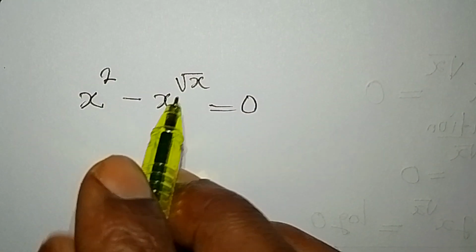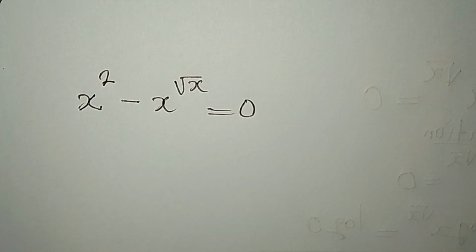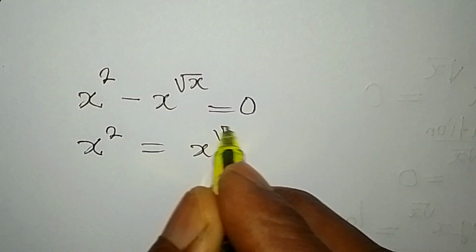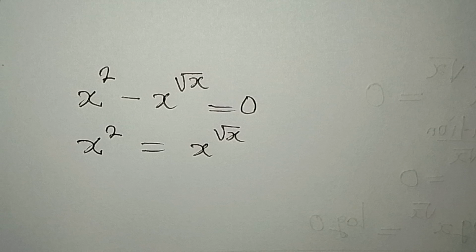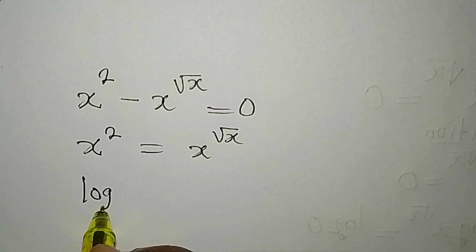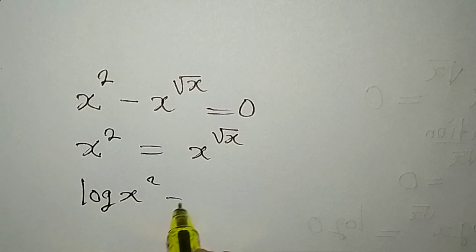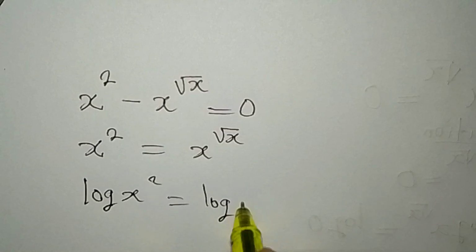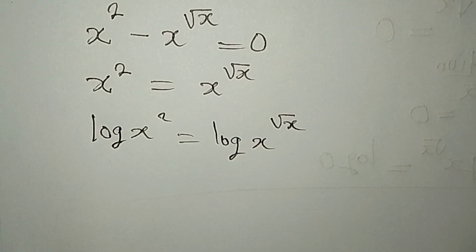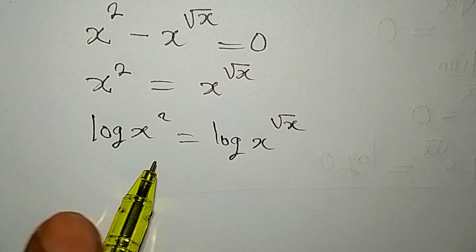Okay, so I will take this to the other side just like I did before. So we have x squared equal to x to the power of root x. Now when you take the log of both sides, you will now be having log x squared equal to log x to the power of root x. Okay, this is the same step I took before, right?